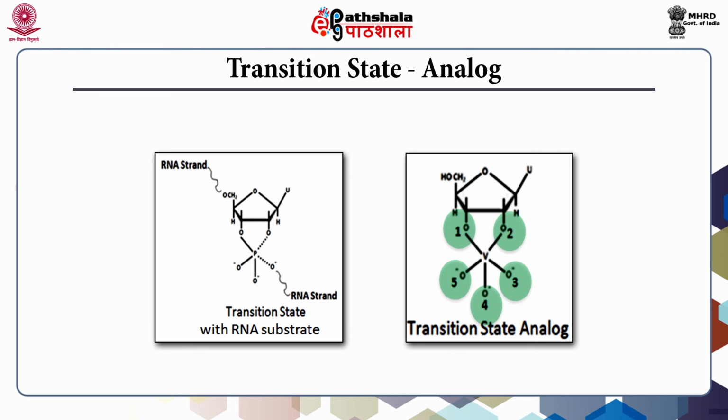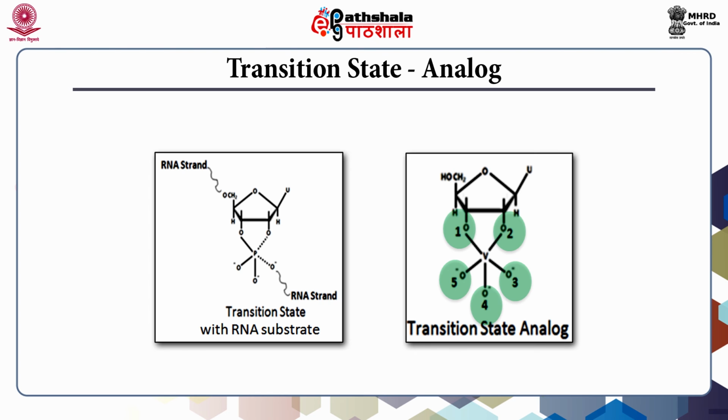RNase A also complexes with a transition state analog, uridine vanadate. The PDB structure file 1RUV contains a high resolution X-ray structure of RNase A complexed with its transition state analog, uridine vanadate.